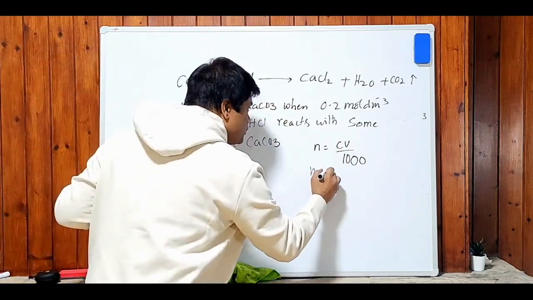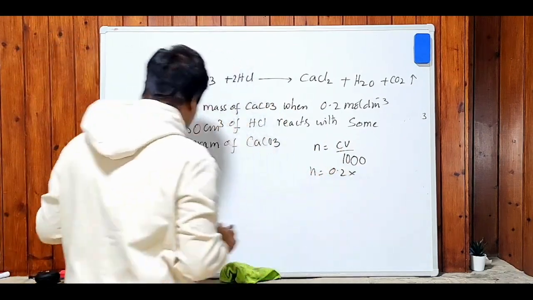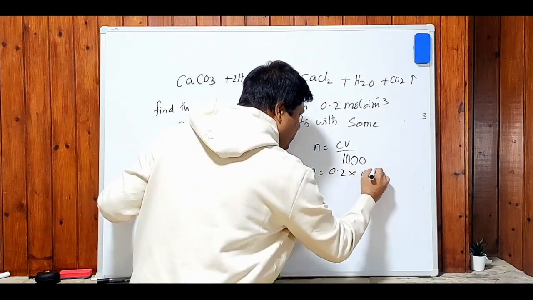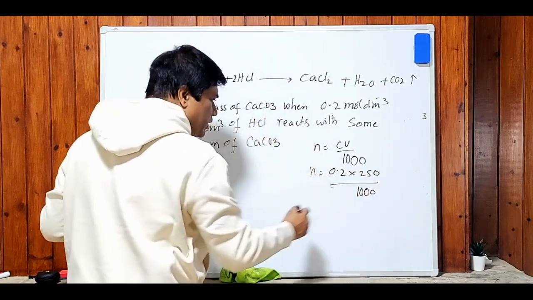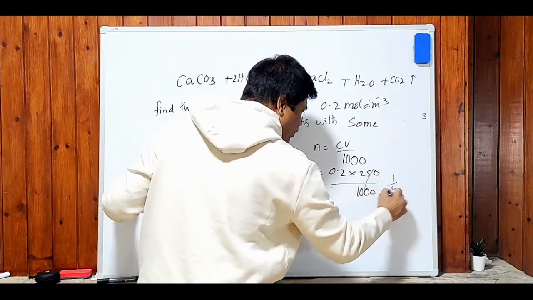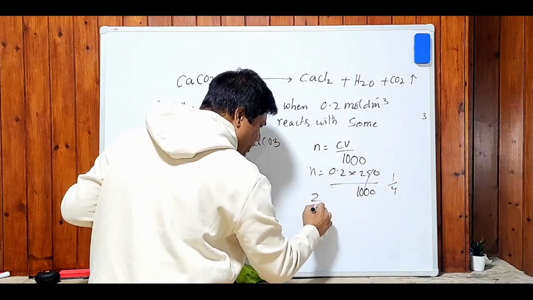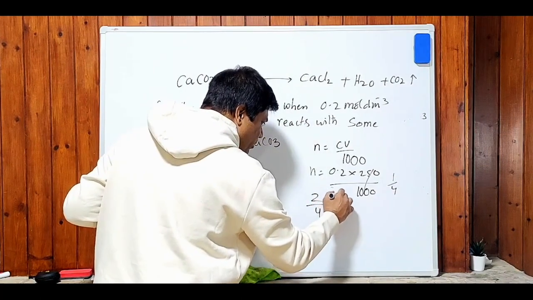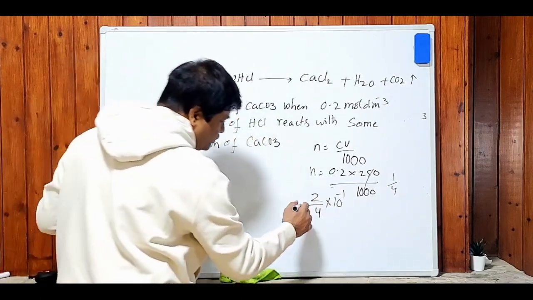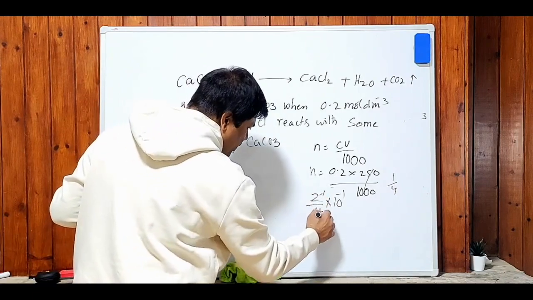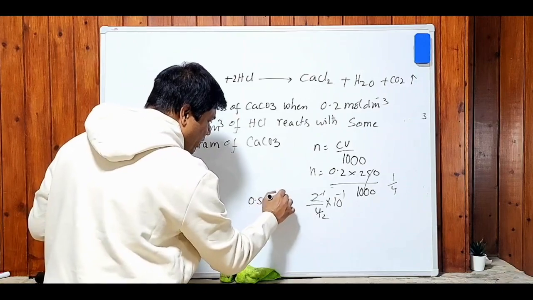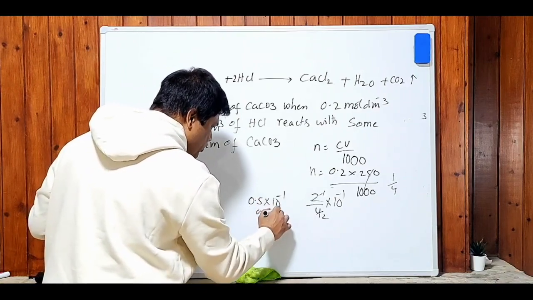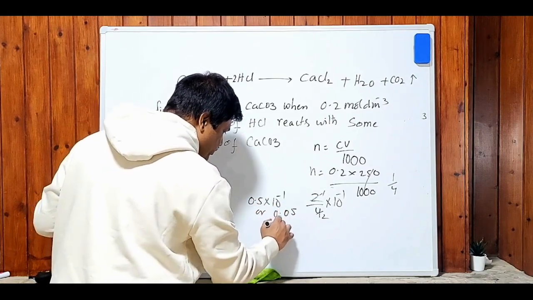n equals 0.2 times 250 divided by 1000. Again, 1 over 4. So 2 divided by 4 into 10 to the power of minus 1. So 0.5 into 10 to the power of minus 1, or 0.05 moles.